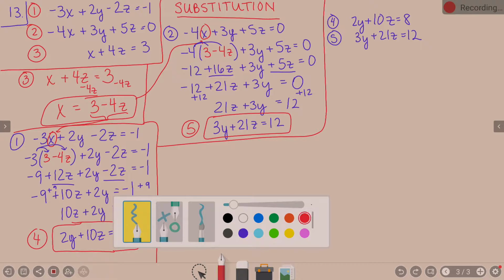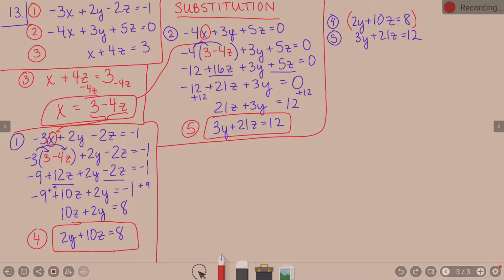So the top equation, what do I multiply the equation by to get this 2 to become a 6? 3. We multiply the whole top equation by 3. The bottom equation, what do I multiply 3 by to get it to become 6? -2. Okay, 2 is the minimum requirement. I do agree that I would multiply by -2 because we prefer opposite signs, right?